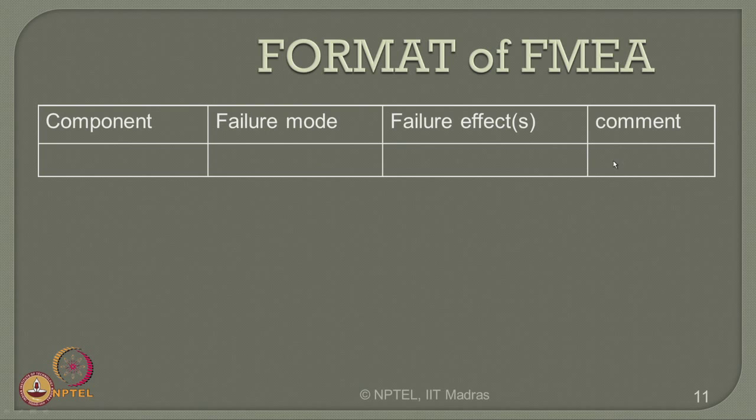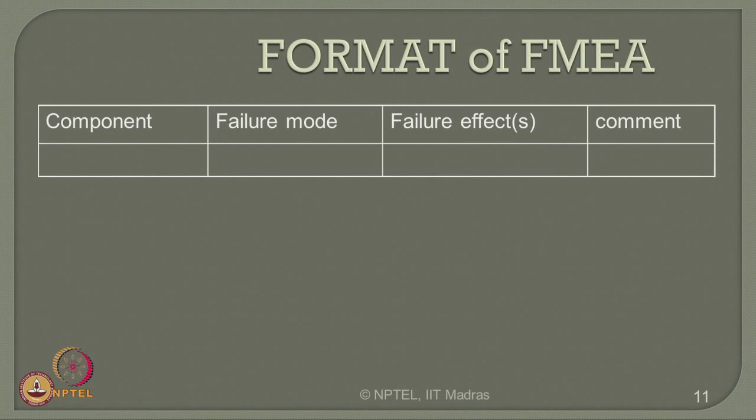Ultimately, one can also give the respective comments related to whether these failure effects can be minimized, mitigated, or controlled, either by redesigning the weakest link in a given system or by introducing more advanced features in the design, so that the component level failure can be easily prohibited or prevented in a given system.